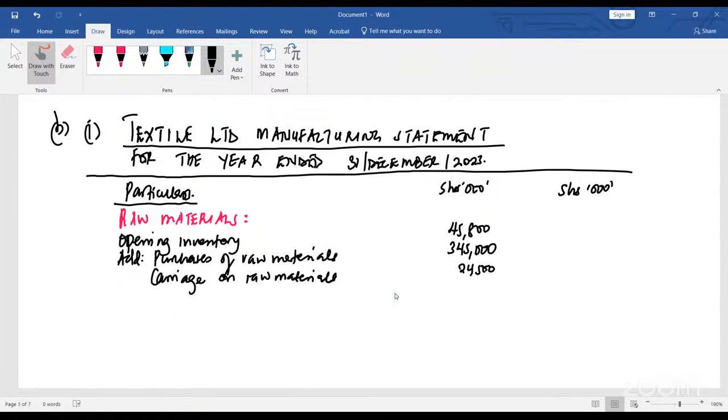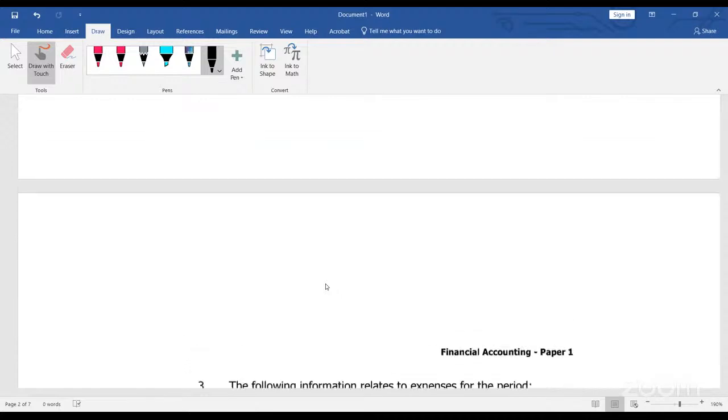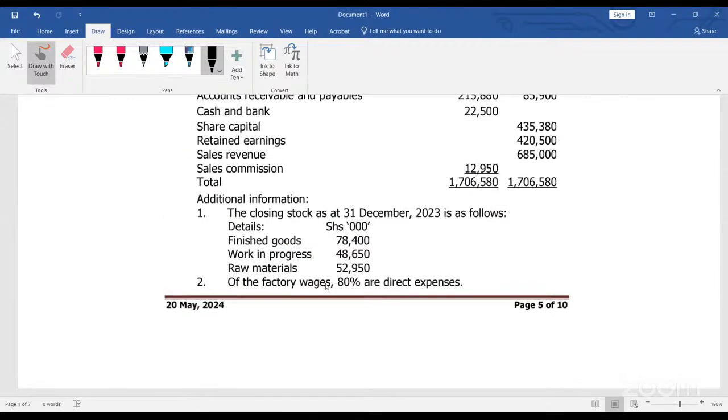So what I have to do is to less the closing inventory of raw materials. Where do you find the closing inventory of raw materials? You find that in the additional information always.